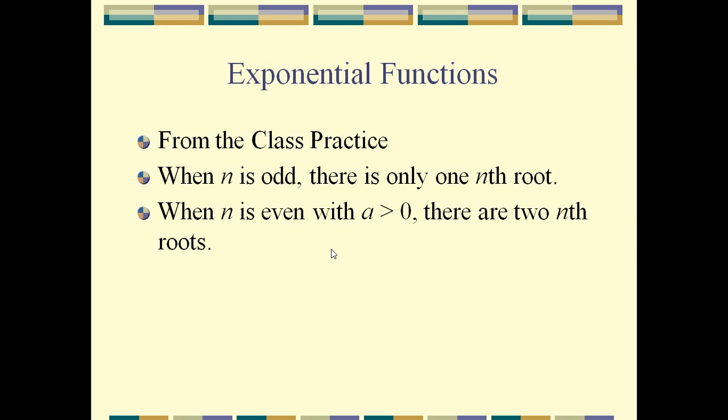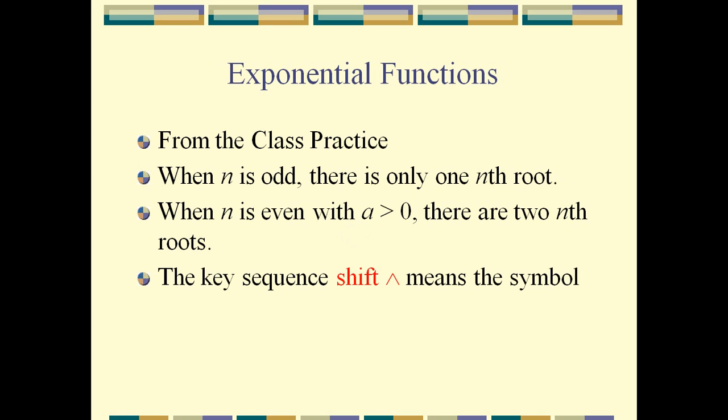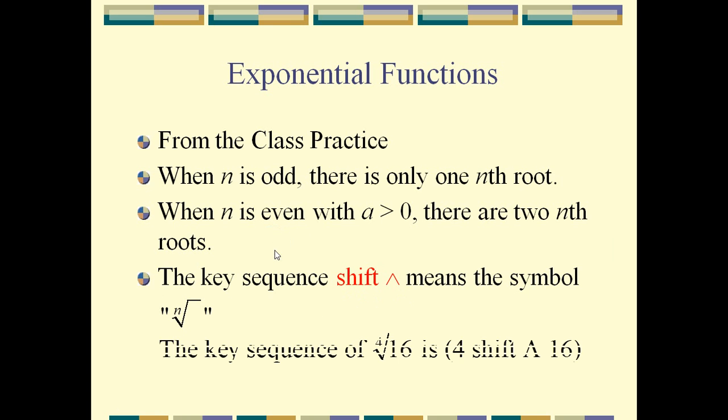So how to get your answer by using your calculator? You will have the symbol in your calculator like this, but you must press the key sequence with the shift key. Okay, this is an example.